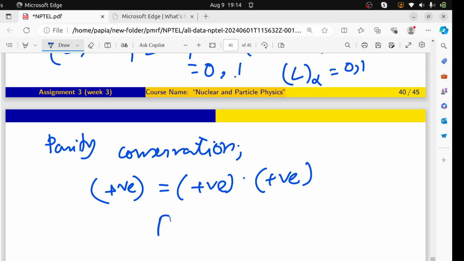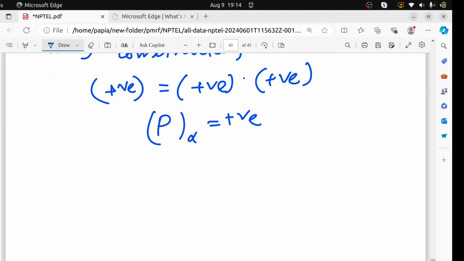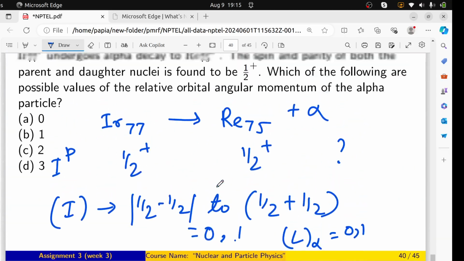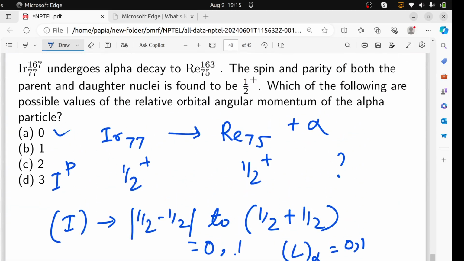So if the parity of the alpha particle is positive, that means minus 1 to the power L should be positive, and L has the value 0 and 1, so L should be 0. L should not be 1 because minus 1 to the power 1 will give a negative 1. So only one value will be there, and the correct answer will be 0.